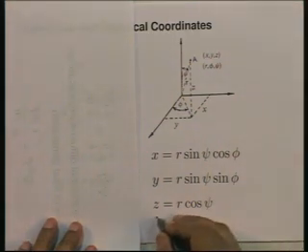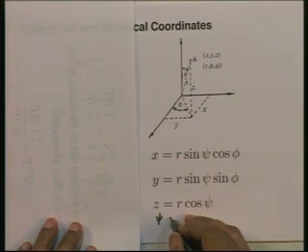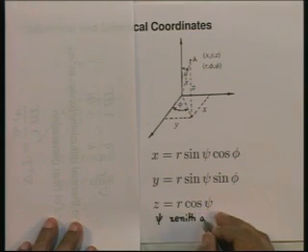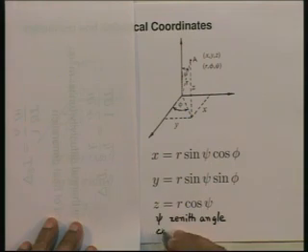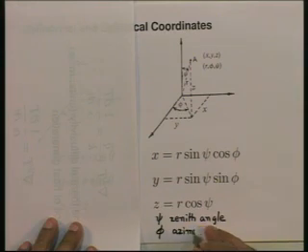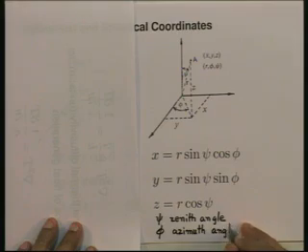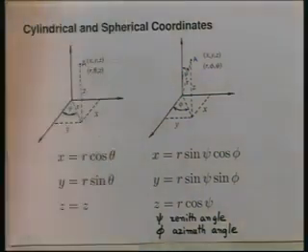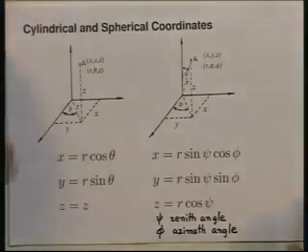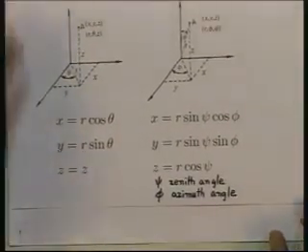I might just write that psi is called the zenith angle and phi is called the azimuth angle, all right. Now, you might want to remember just these names.